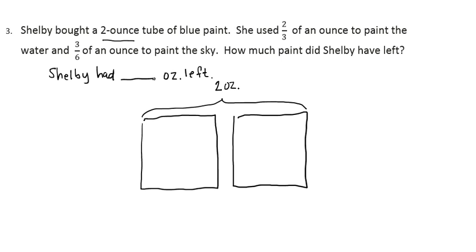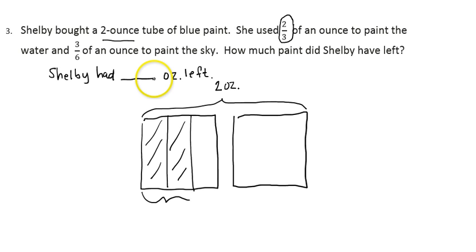Let's start with the amount of paint that she used for the water. She used 2/3 of an ounce to paint the water. And again, this area model here is 1 ounce, so I'll divide that into 2/3. Here's my thirds, and I'll shade in 2 of those. And that's what she used on the water.